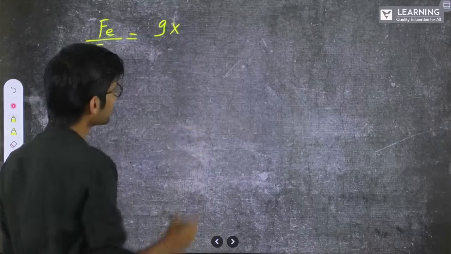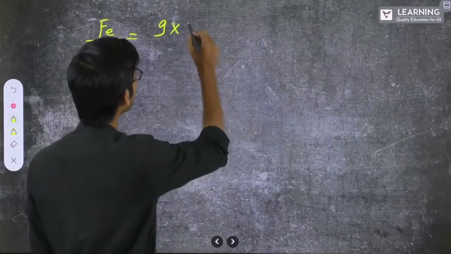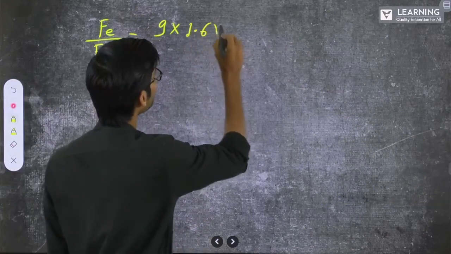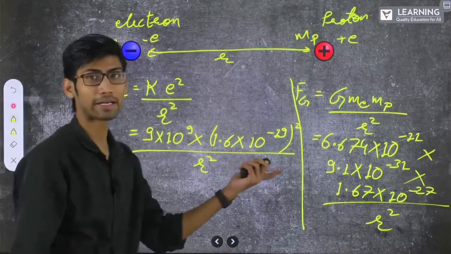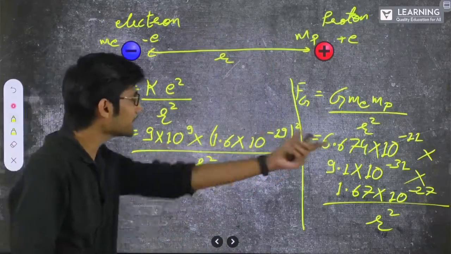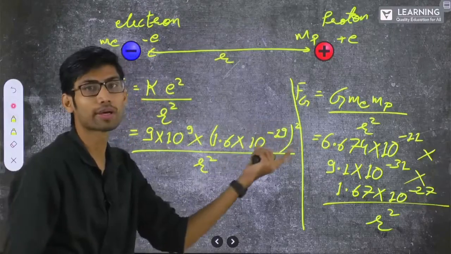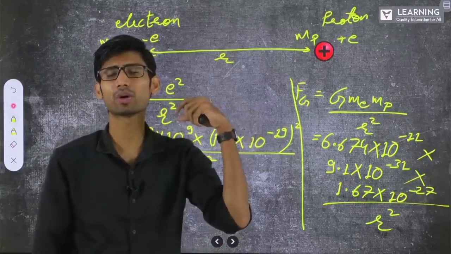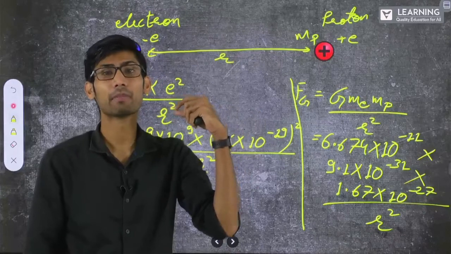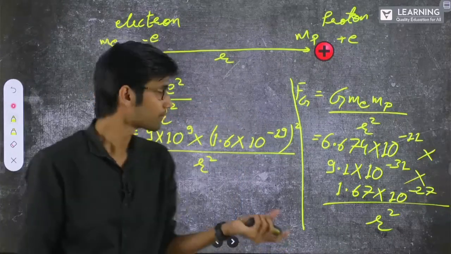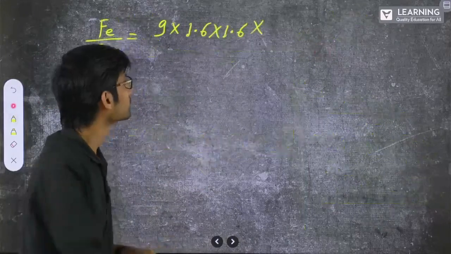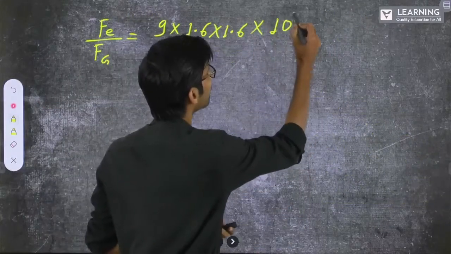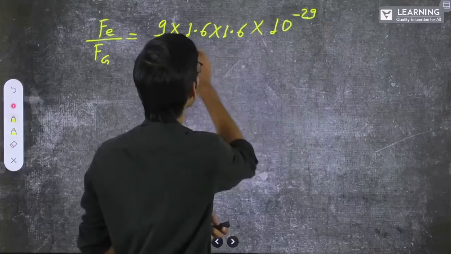Let me write 9 into 1.6 into 1.6 into the powers of 10 separately: 10 power 9, and 10 power minus 19 whole square. So 10 power minus 19 whole square is 10 power minus 38. Correct? Minus 38 plus 9 is minus 29. So this will be 10 power minus 29 divided by r square.